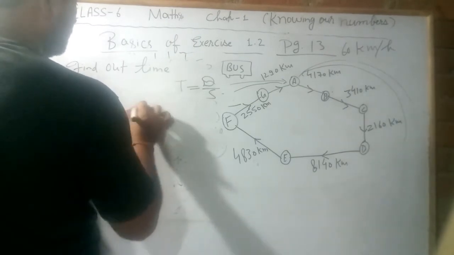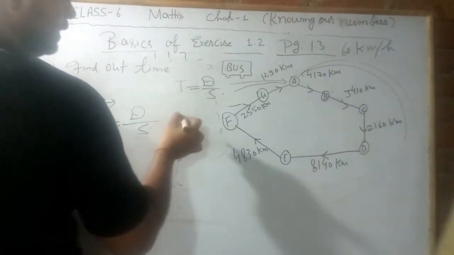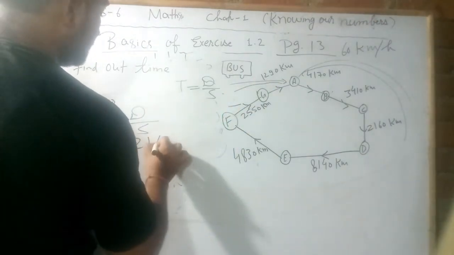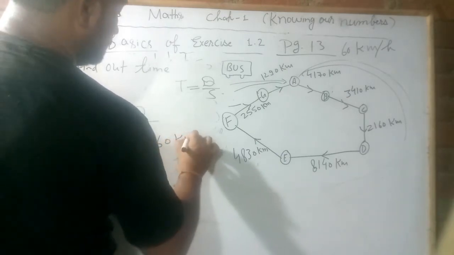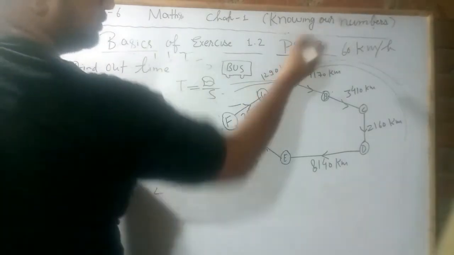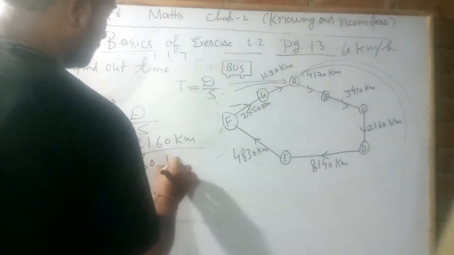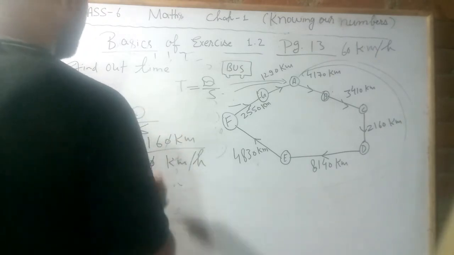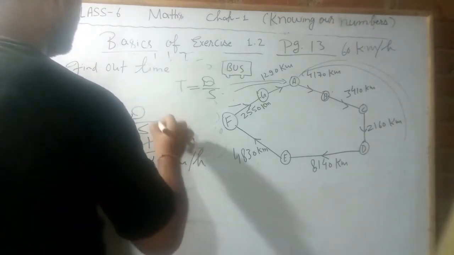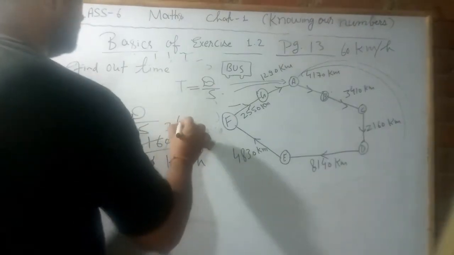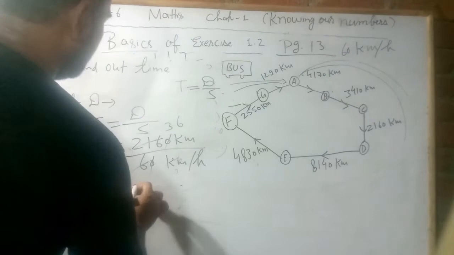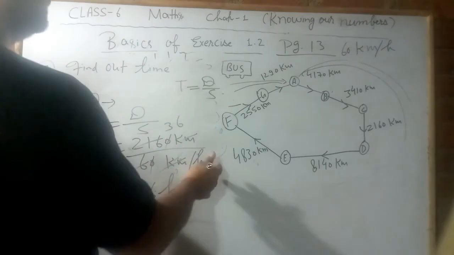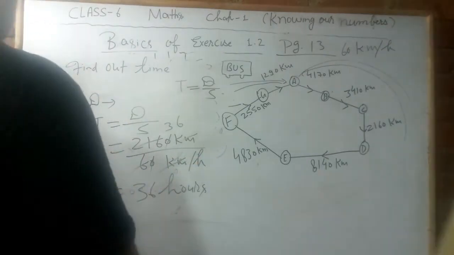I am putting it in the formula. Distance C to D, 2160 kilometer. Now time, speed 60 kilometer per hour. Cut it. 6 3s are 18. Now 6 6s are 36. So what time? 36 hours. Clear?